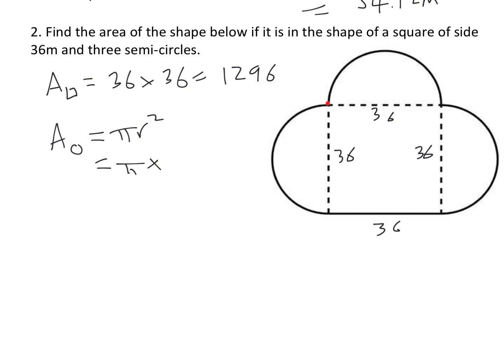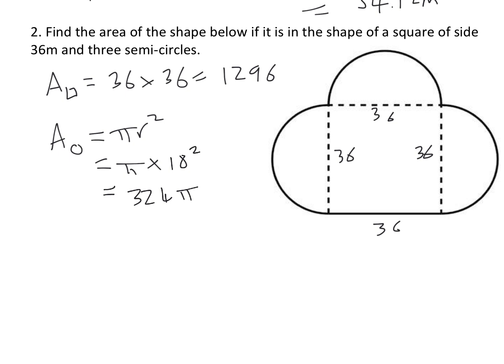The diameter is 36, so the radius is half of 36, which is 18. Pi times 18 squared. That gives 324 pi. I'll just leave it as 324 pi and keep it in terms of pi for this question. Now that's for a full circle.